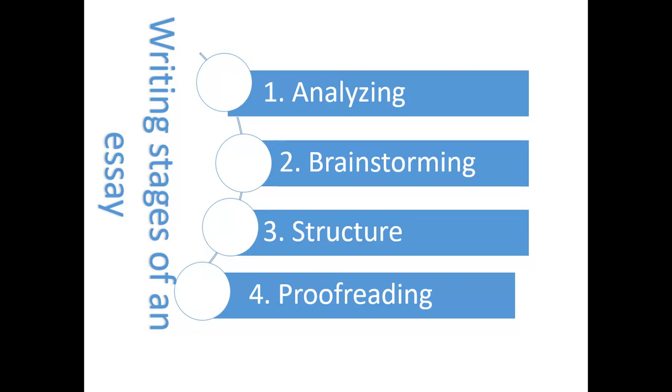In this structure, you just include three parts: introduction, two bodies, and conclusion. The last stage is proofreading: you will reread your essay in order to correct your mistakes and misspellings, because it's common to misspell words while you write your essay.